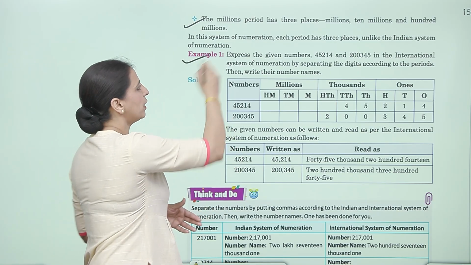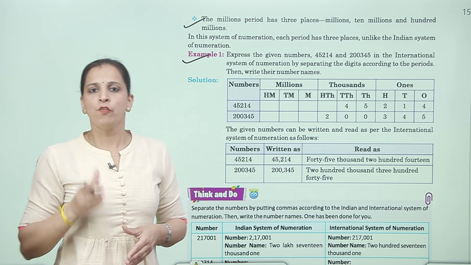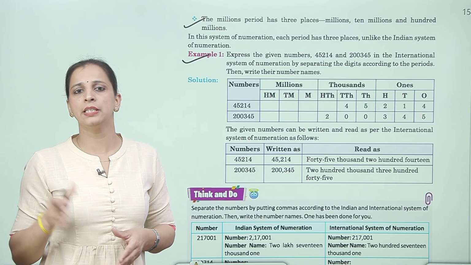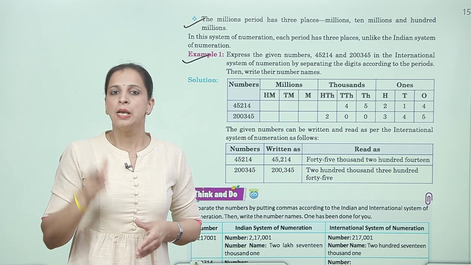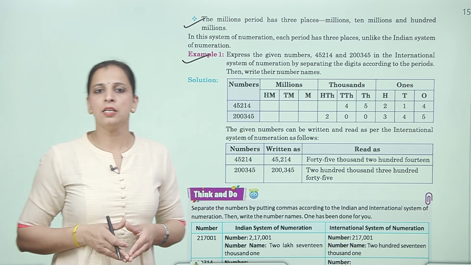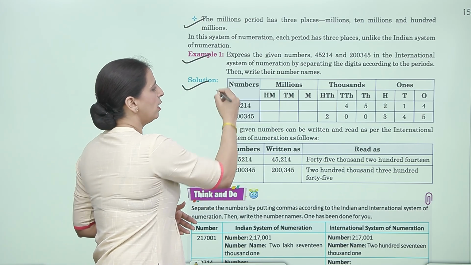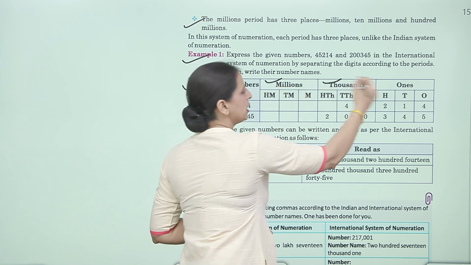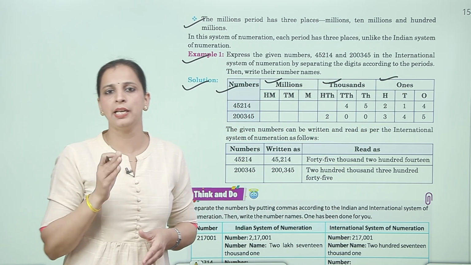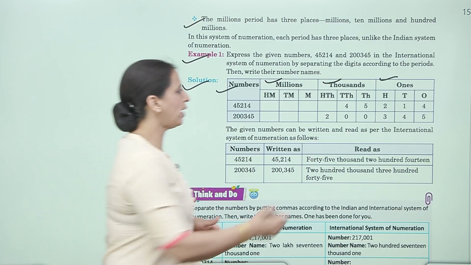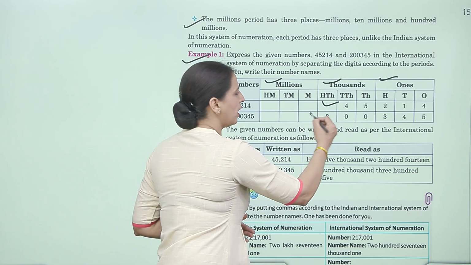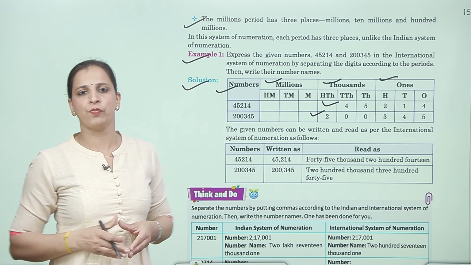Now, example 1: express the given numbers 45214 and 200345 in the international system of numeration by separating the digits according to the periods. Then write their number names. Now, solution: the numbers are 45,214 and 200,345.